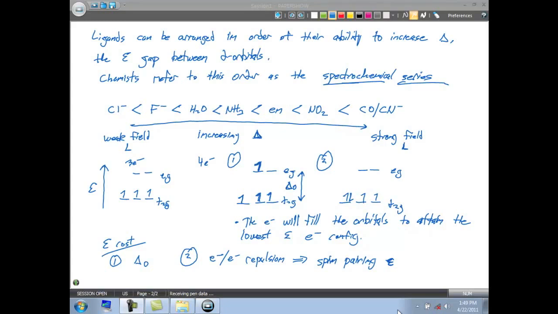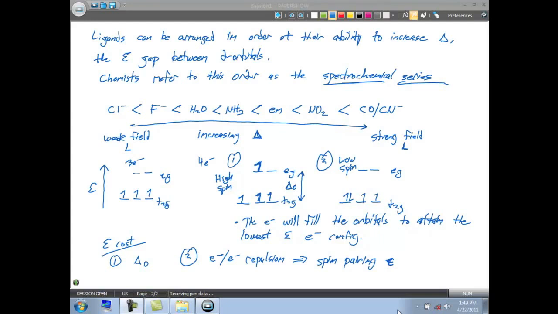And because of these 2 situations that arise, we kind of have to give a name for each one. And the name that we're going to give is a high spin complex versus a low spin complex. So scenario number 1 we refer to as high spin, and scenario number 2 we refer to as low spin.